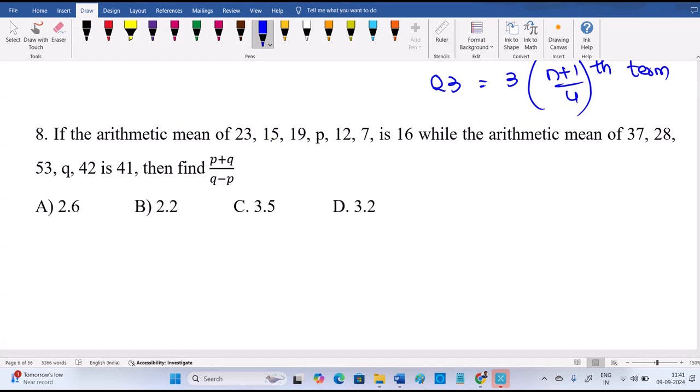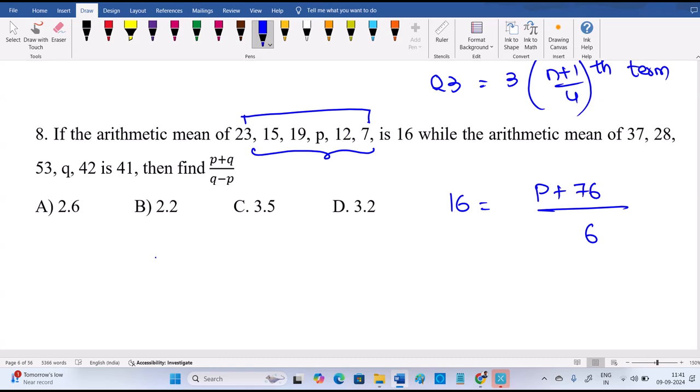Fine. So first one, arithmetic mean. Virtual calculator allowed. Arithmetic mean is the sum of terms divided by the number of terms. So number of terms is 6. Apart from p, 23 plus 7 is 30, 30 and here 34, 64 plus 12, 76.